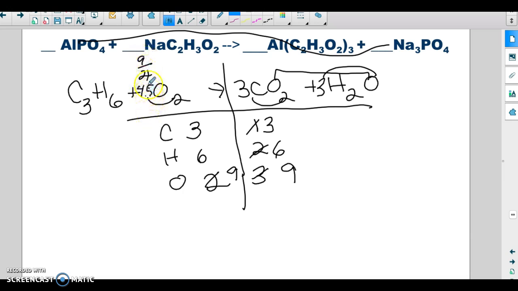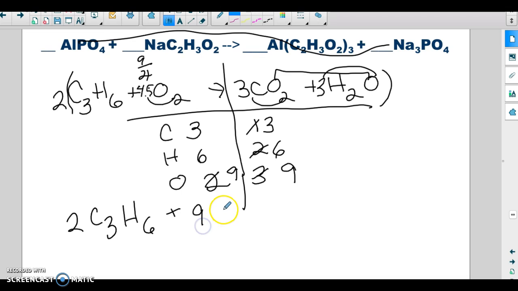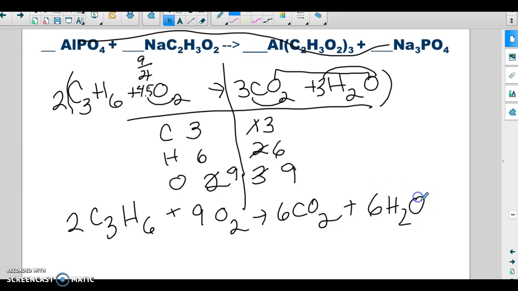If you do this, then we would just want to take this whole reaction and multiply it by 2. So it would become 2 of these plus 9 oxygens makes 6 CO2 plus 6 waters. And you can see, you always want to check, these are not able to be simplified.